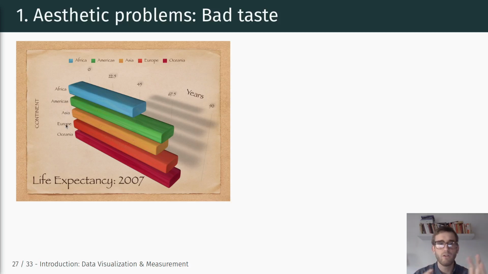And so all in all, this is a horrible plot, and it doesn't really communicate effectively the underlying content that they're trying to communicate, which is life expectancy across continents. Okay, you maybe have a vague idea of which values are higher and lower, of course, but anything beyond that you can basically not decipher based on this specific graphic.